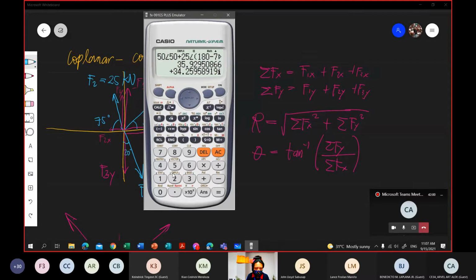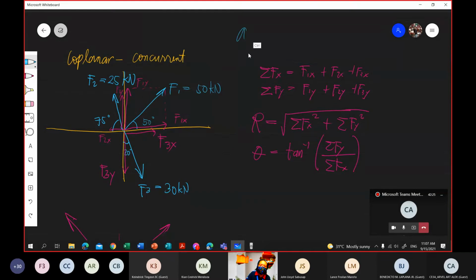To enable that, press shift then complex. Then you will see argument, conjugate, R angle theta, and A plus Bi. Our result is in terms of 35 plus 34i, that is in terms of A plus Bi, wherein A is the summation Fx and B is the summation Fy.